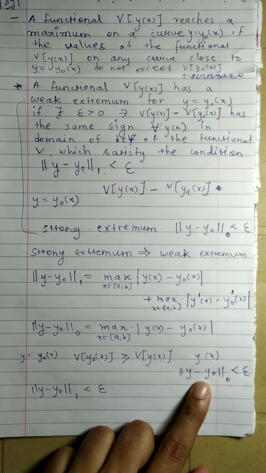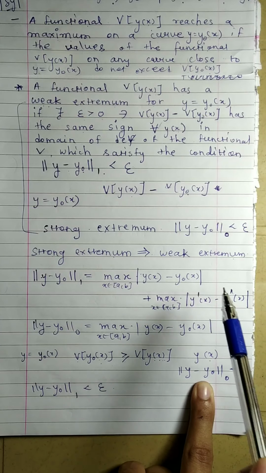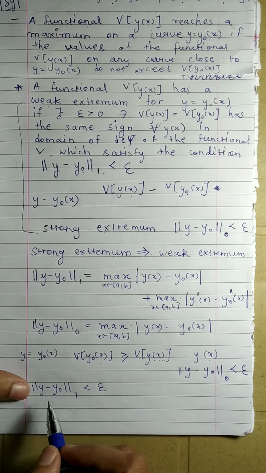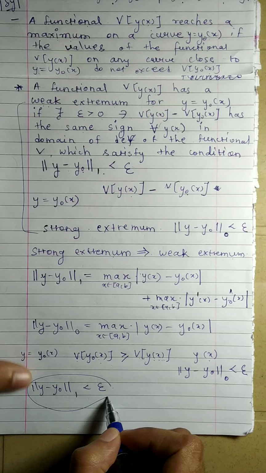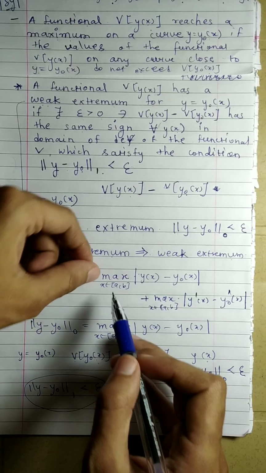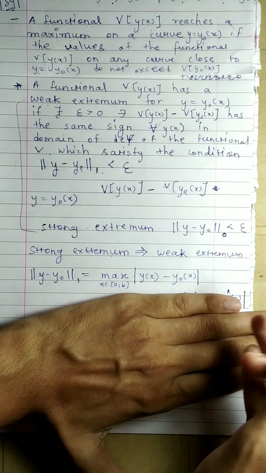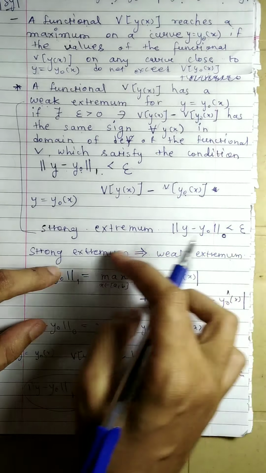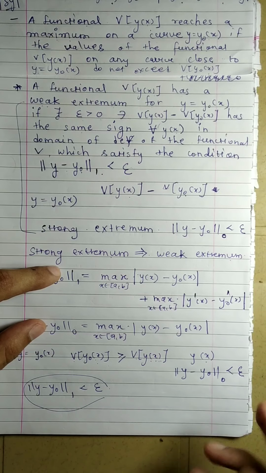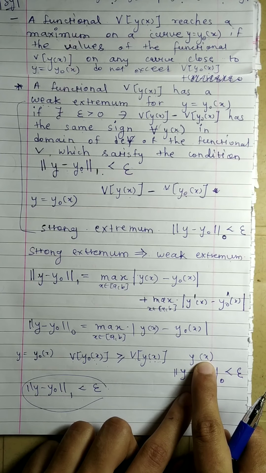Now if at some y of x the function has a weak extremum, it will satisfy this condition, and in turn it will satisfy that this quantity is less than epsilon. This quantity being less than epsilon means norm 0 is less than epsilon, so that y of x will also be there in these y of x.